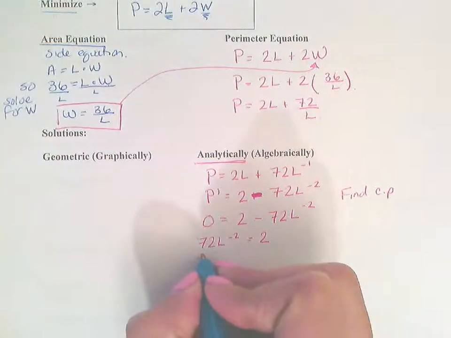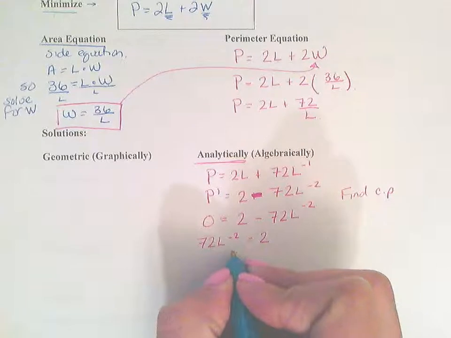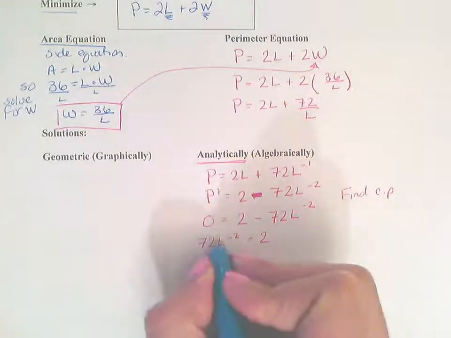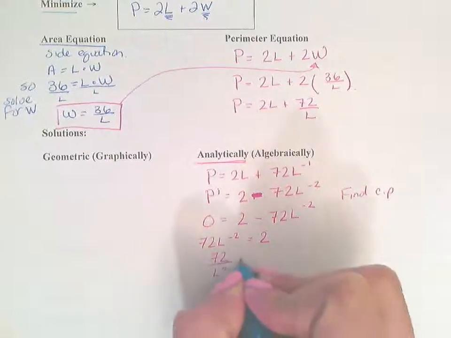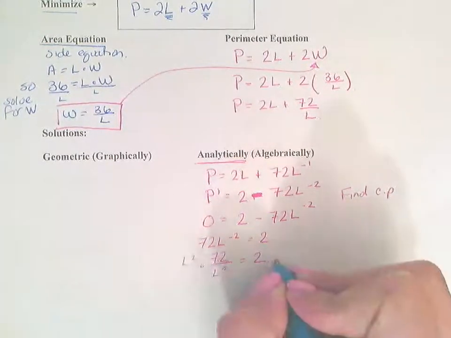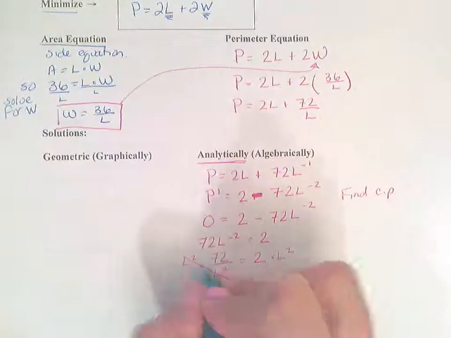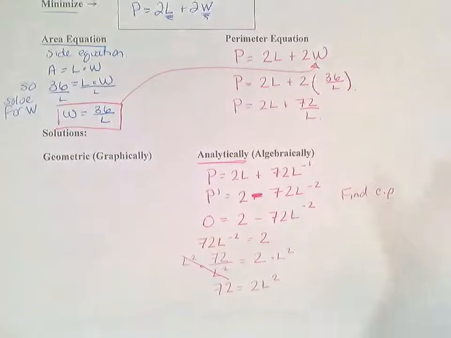Remember that this L to the negative 2 is actually on the bottom, so 72 over L squared equals 2. So now I'm going to multiply by L squared on both sides to get that out of the denominator, so 72 equals 2L squared.